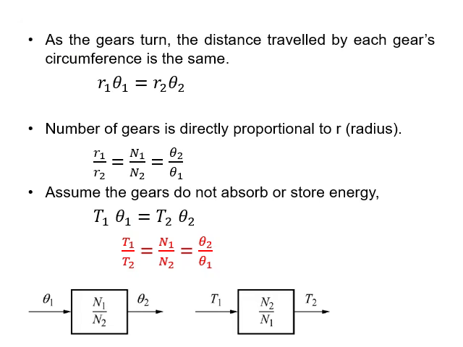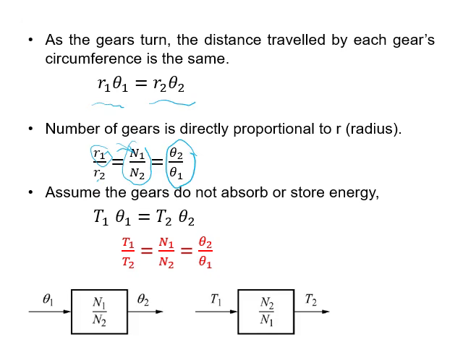If the case is like that, as discussed earlier, R1 theta 1 will be equal to R2 theta 2. If we write the equation, we will find that R1 over R2 equals N1 over N2, because N is proportional to R, of course. N is the number of teeth there, so it's proportional to R. So R1 over R2 equals N1 over N2, which equals theta 2 over theta 1.